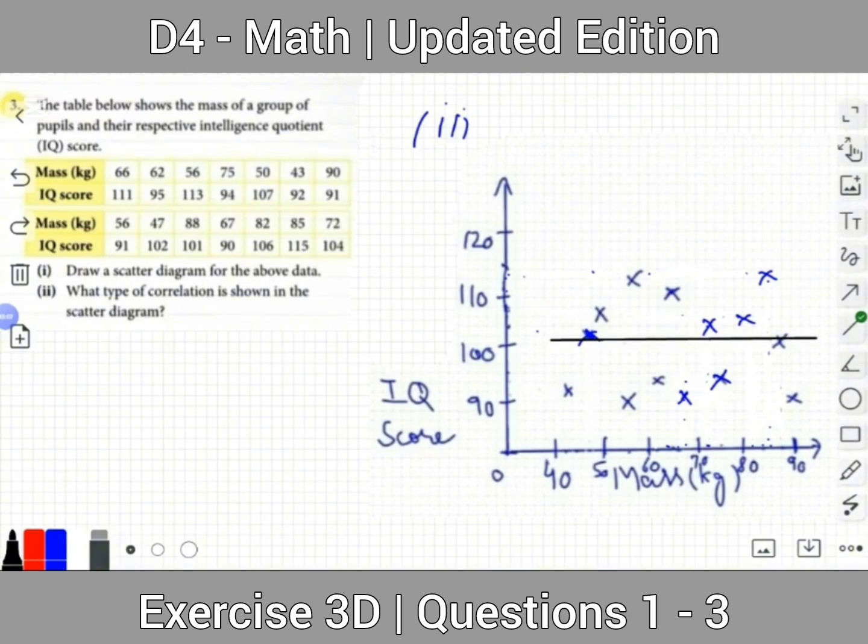Approximately 6 points lie below the line of best fit and 6 lie above the line of best fit. So there is no correlation between the two variables.